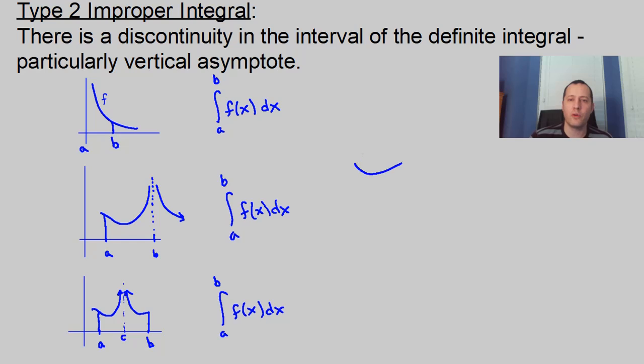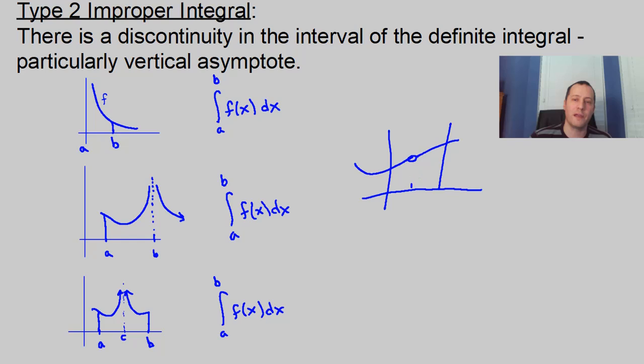If you have a removable discontinuity, which is a single point, a hole, it doesn't really do anything. The area doesn't leak out, so to speak, and so you can still do it the way we're going to, with limits.